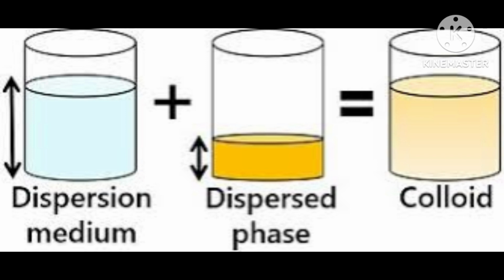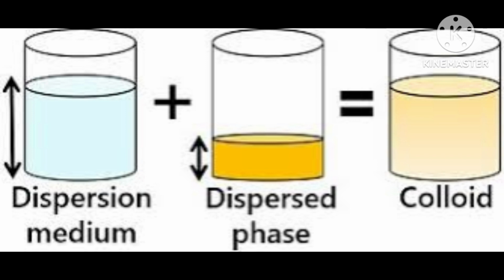First, solid plus solid means dispersed phase is solid and dispersion medium is also solid. Actually this is called solid sol. For the colloidal solution, the term sol is used.